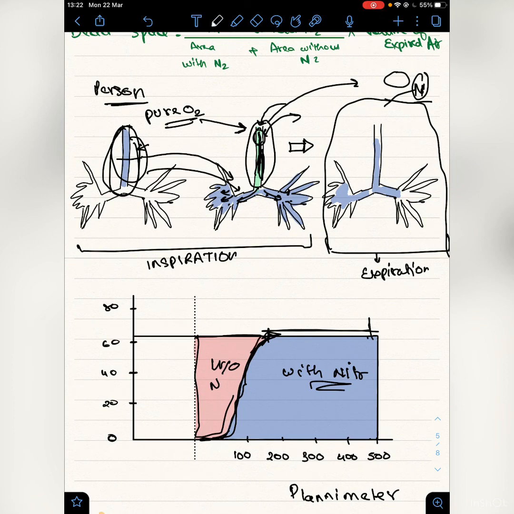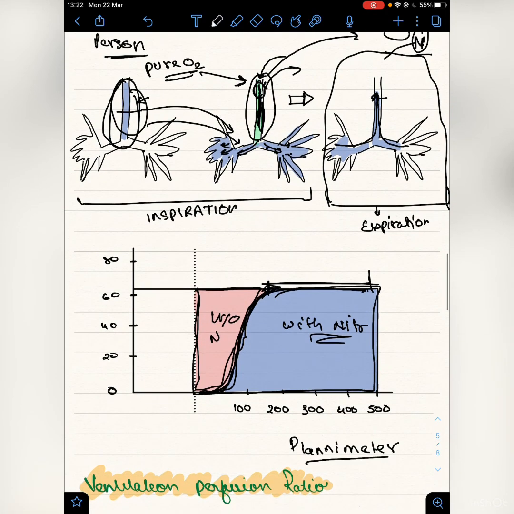So that is the amount of air without nitrogen. After that, the air coming from the alveoli will also come and play a role in the concentration. So slowly there would be a rise in the nitrogen concentration, which is later plotted on the graph by planimeter.